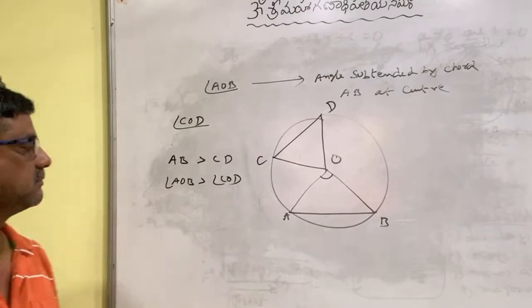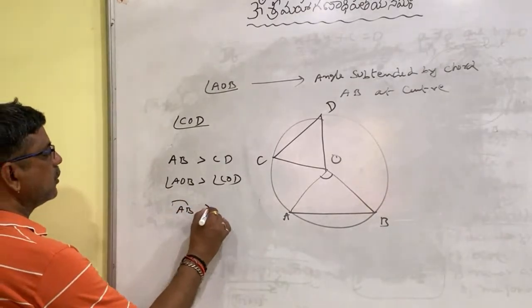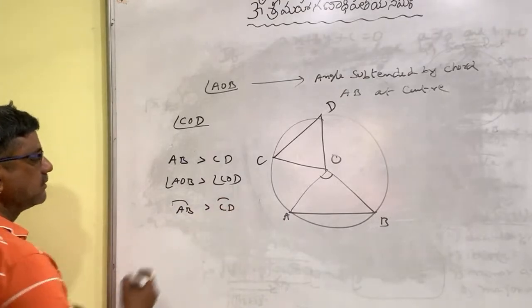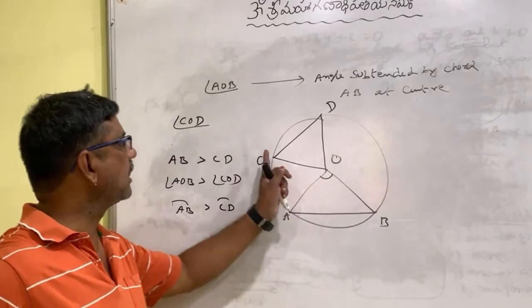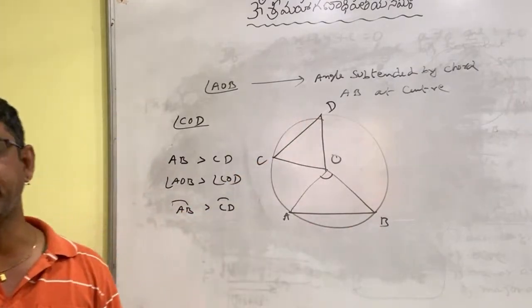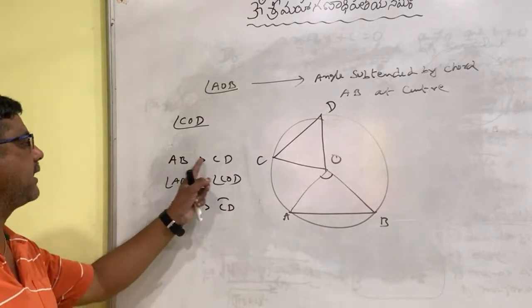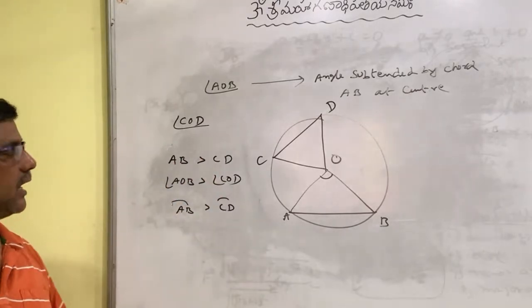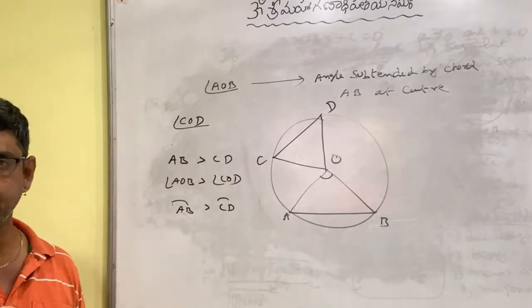Not only that, arc AB is also greater than arc CD, because chord AB is greater than chord CD, then the angle subtended by chord AB is greater than the angle subtended by chord CD.